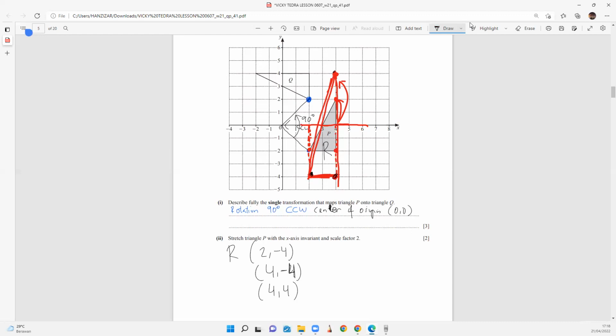Okay, how about if I stretch due to the y-axis? From here becomes this, from 4 becomes 8, so it has to be like this. It could be like this if you stretch through the y-axis, but I don't think it is needed. But since I record this, you can see the working.